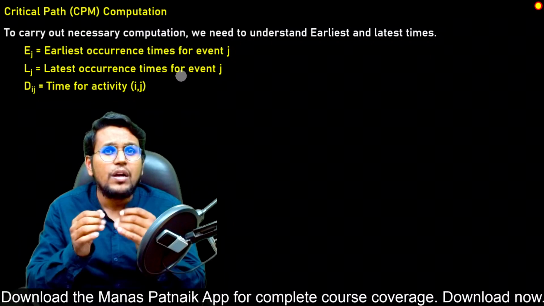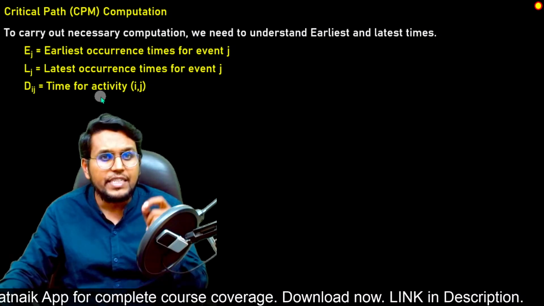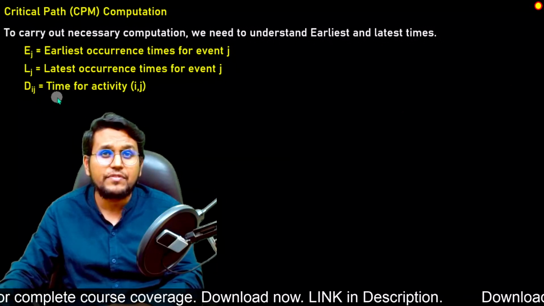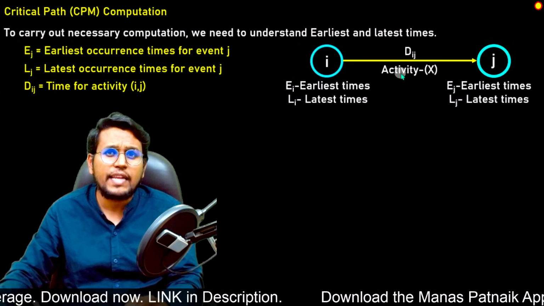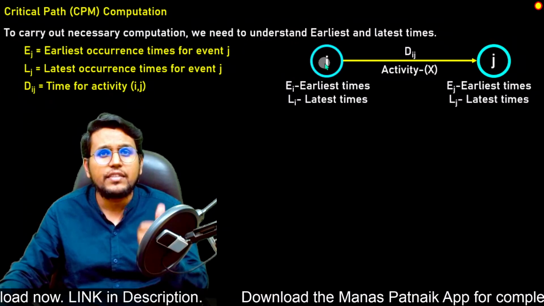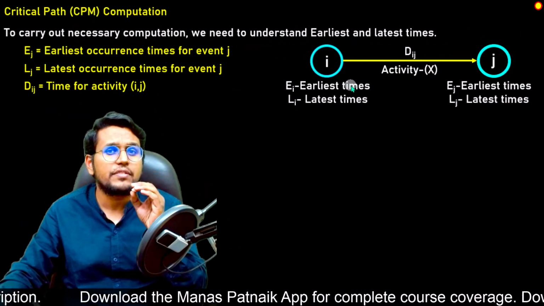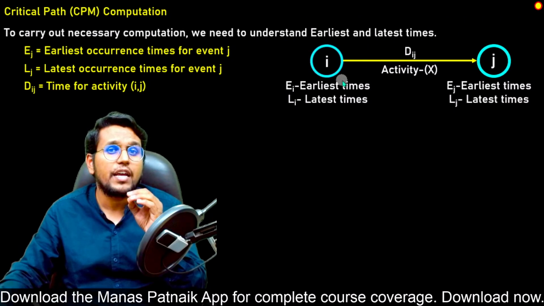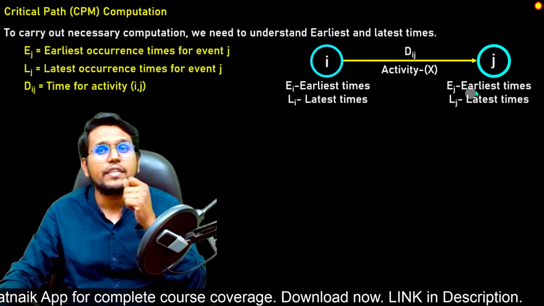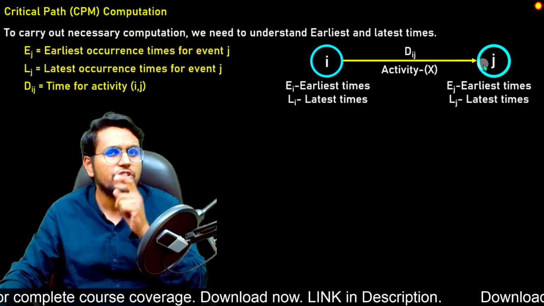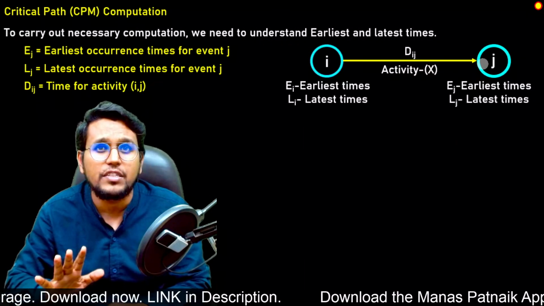And Dij is the time of the activity, as we already know. Here is an example where there is an activity X, I is the starting event, J is the finishing event, and the earliest and latest times are EI and LI for the starting event I, and EJ and LJ for the finishing event J. I hope the earliest and latest times are very clear to you.